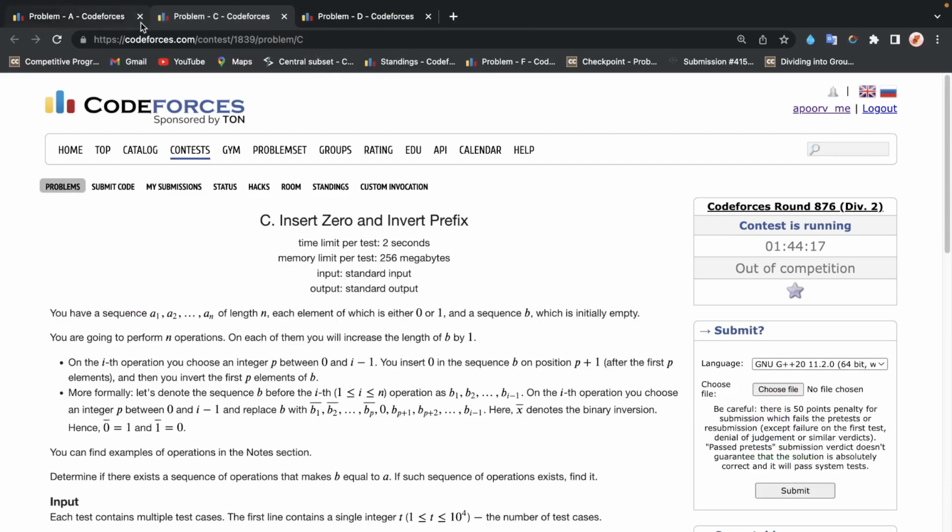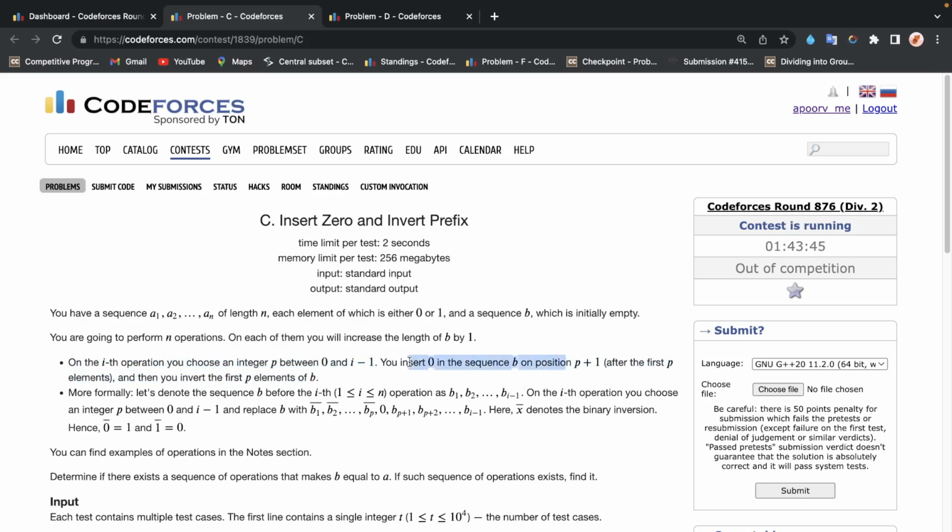And we move on to C. C has very few solutions currently. You are given a sequence A1, A2, ..., An of length n. Each element is either 0 or 1, and a sequence B, which is initially empty. You are going to perform n operations. On each of them you will increase the length of B by 1. On the ith operation, you choose an integer P between 0 and i minus 1.